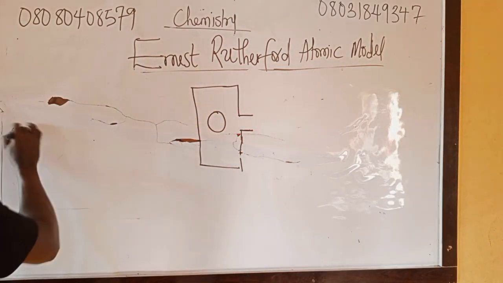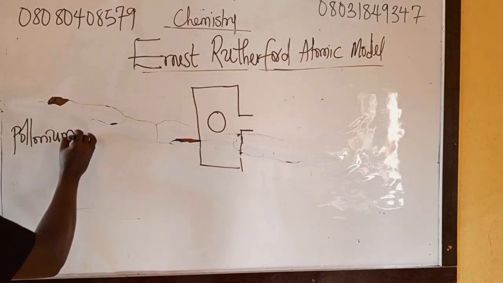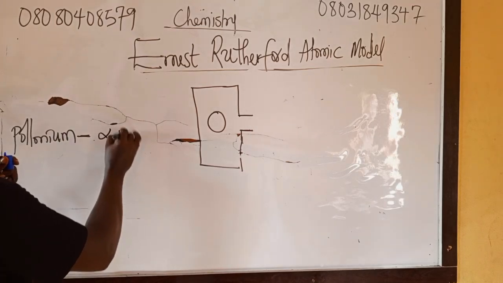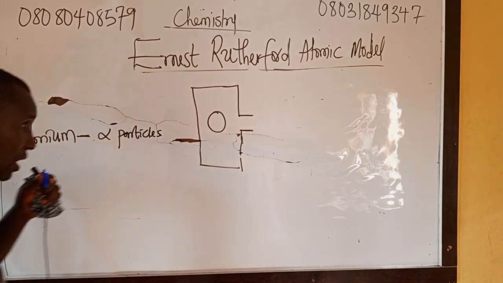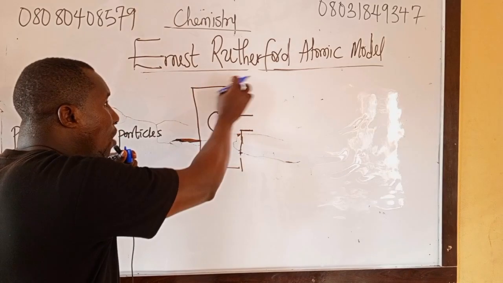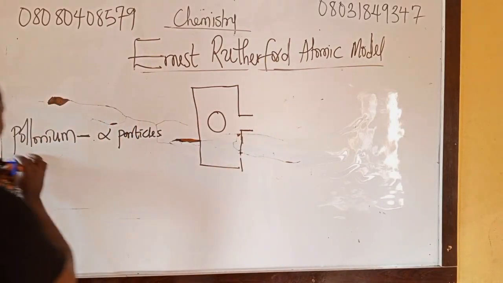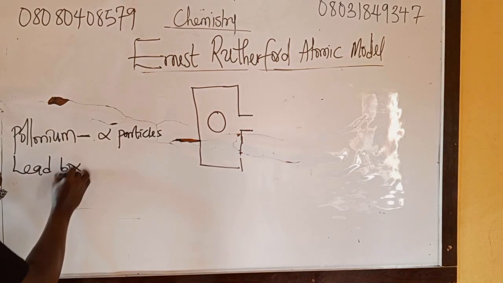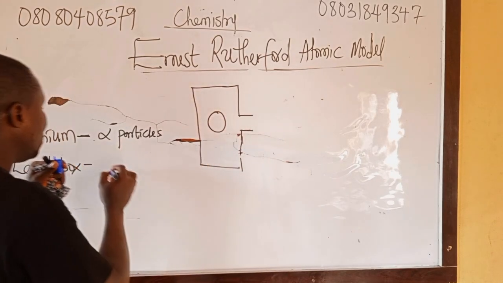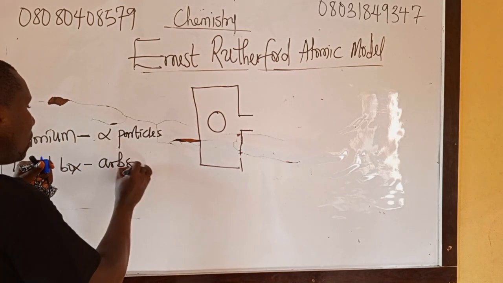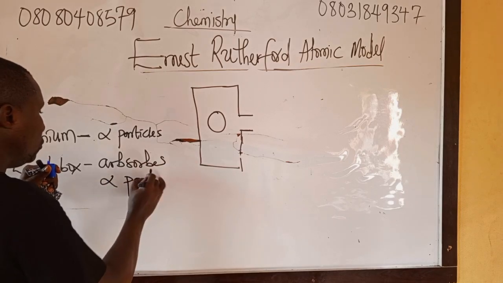Polonium produces alpha particles. And he put the polonium inside lead balls, balls that are made of lead. Why? Don't forget, lead absorbs alpha. The function of these lead balls is to absorb alpha particles.